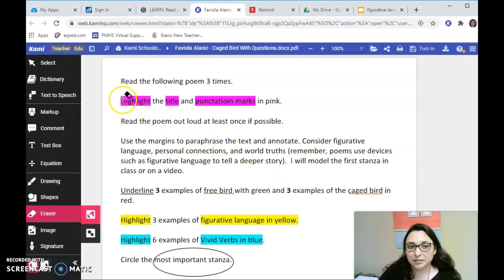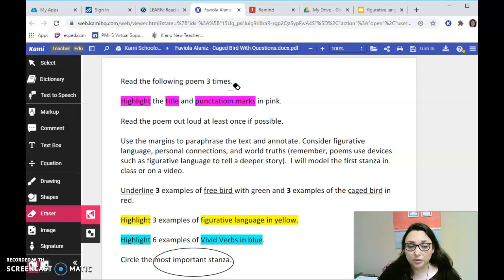So the first thing that I see that I need to do is read the poem 3 times. And I recommend that after the third time, you pause this video and then read it out loud for yourself.